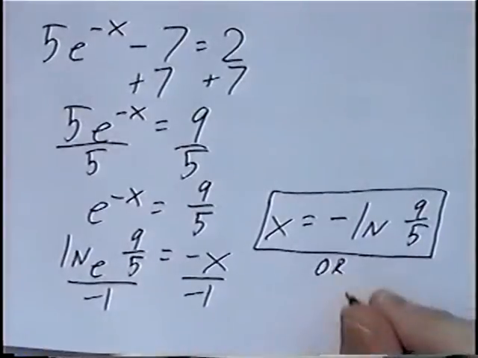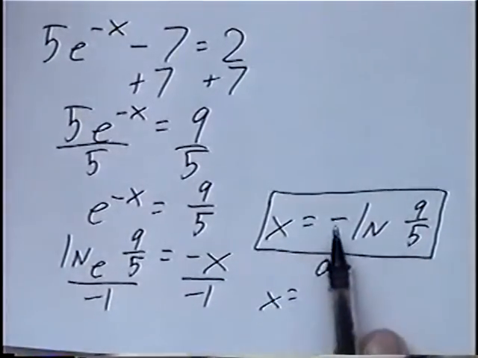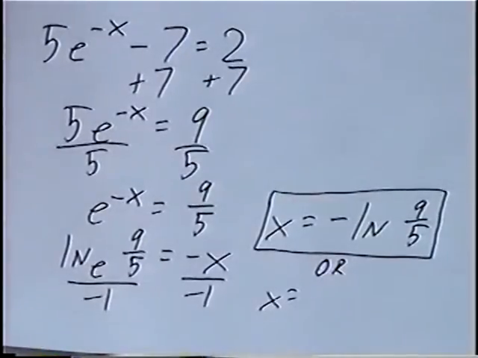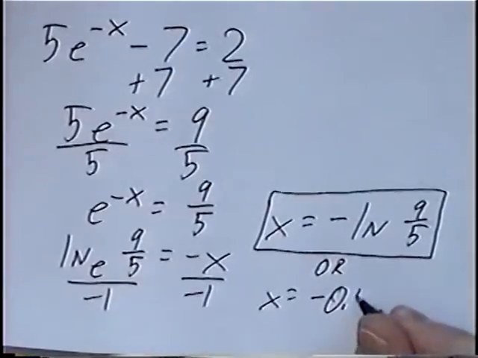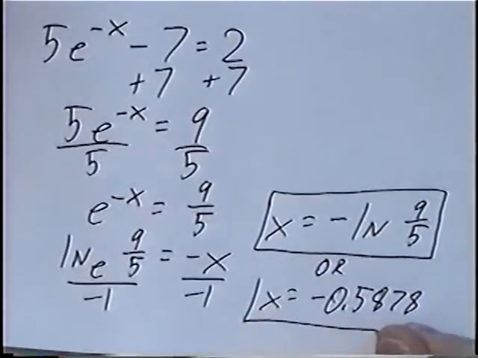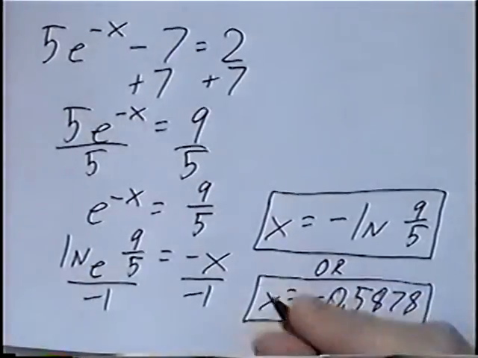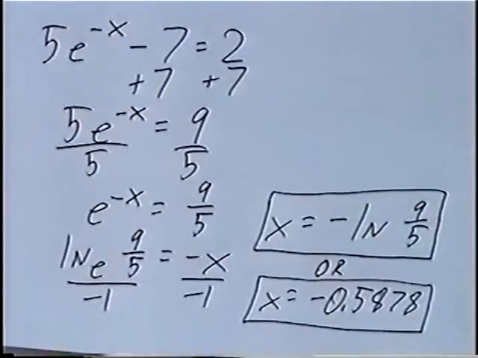Or if you wanted to, you could use a calculator, finding the natural log of 9/5 and taking the negative of that number. The decimal would be negative 0.5878. So two possible answers, either negative natural log of 9/5 or negative 0.587.